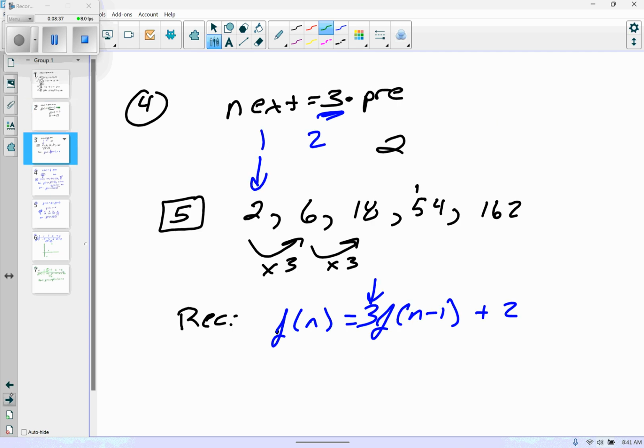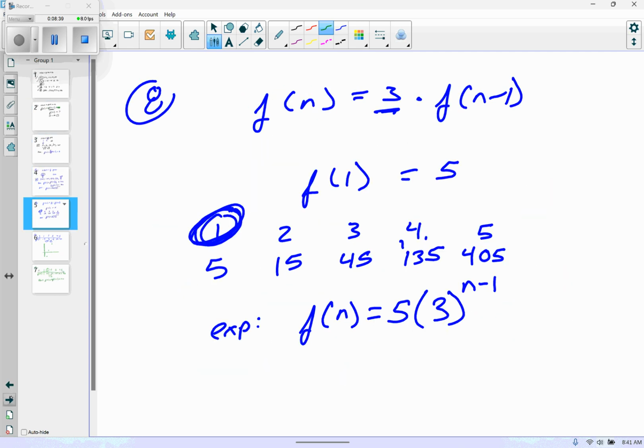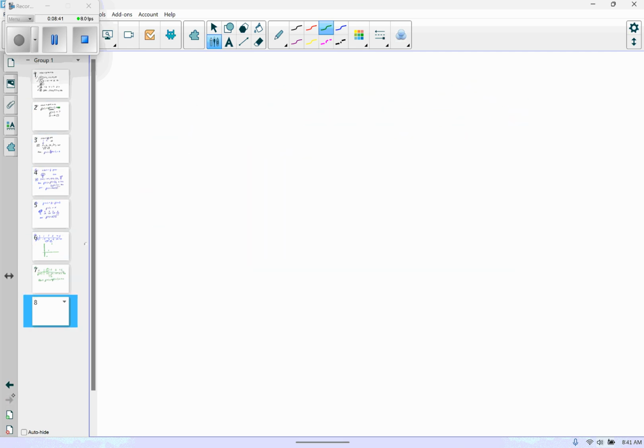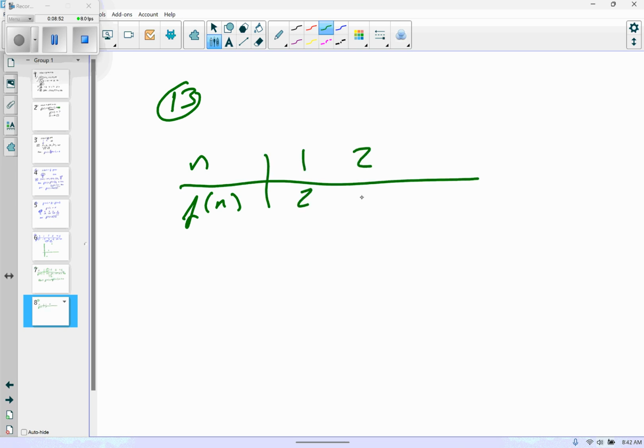Okay, we're looking good. So let's see where we are at. Number 11. We got to go to number 13. So we have n, f at n. So we have 1, 2, 2, 8, 3, 32. And to figure out the fourth and fifth, looks like I'm multiplying by 4 each time.